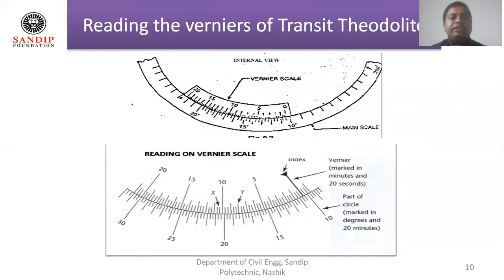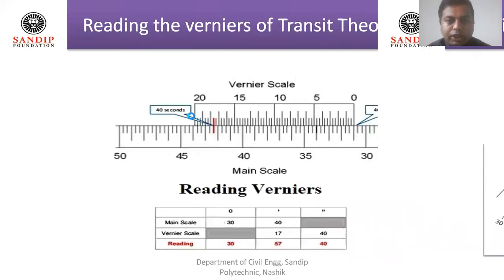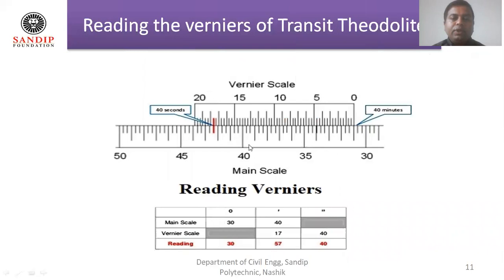Now here, to read the vernier, we have to see this is the vernier scale and this outer plate is called as a main scale. Now we will see how to take the reading here. This is the outer circle reading and this is the inner scale, or that is called as a vernier scale.